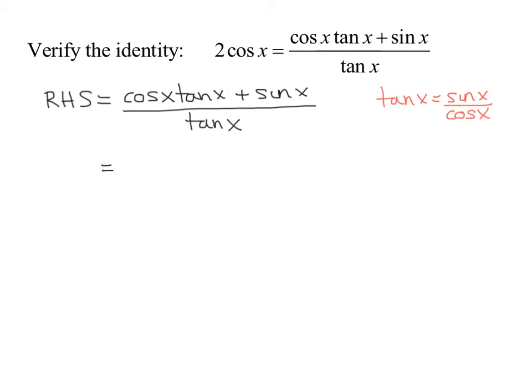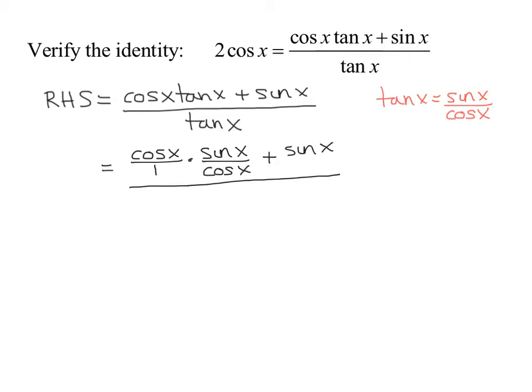So since I have a cosine x times tangent of x, which is a fraction, I'm going to write my cosine of x as a fraction too. So cosine of x over 1 times the tangent of x is sine x over cosine x plus sine x, all divided by sine x over cosine x.